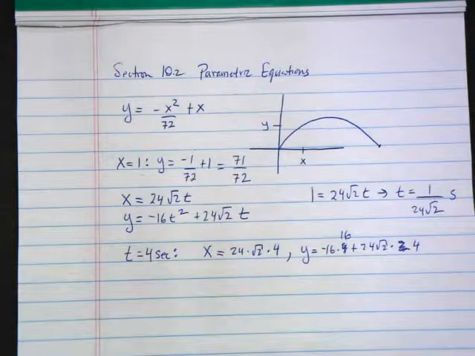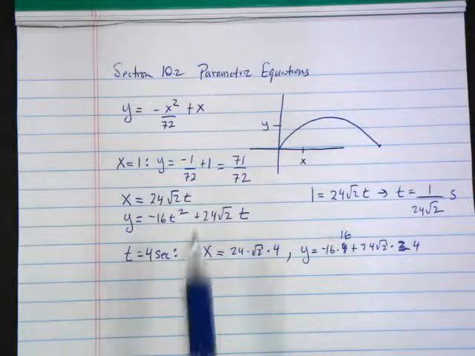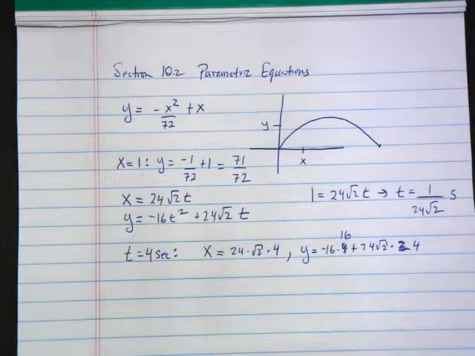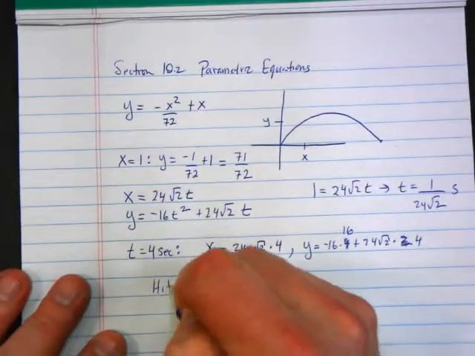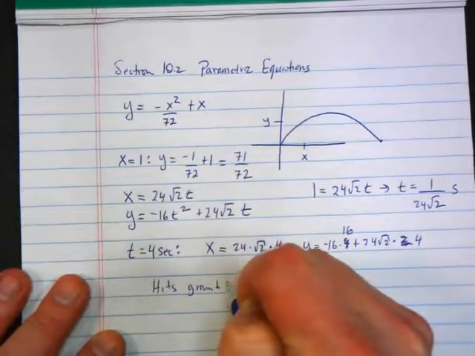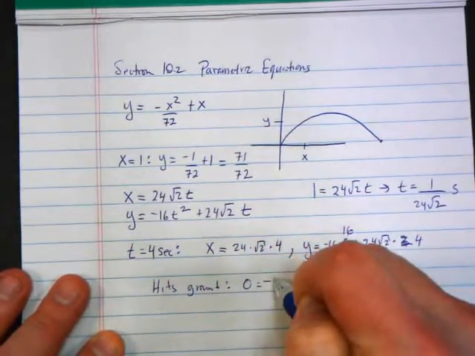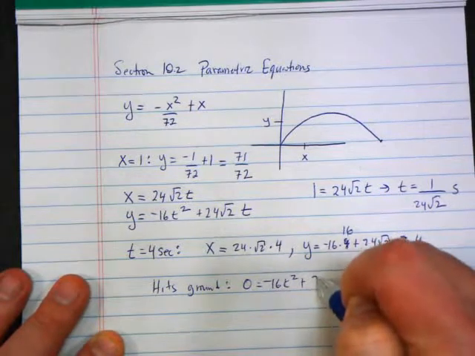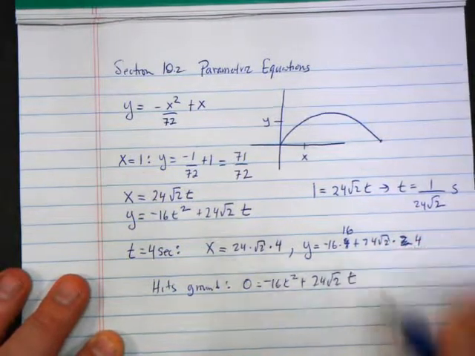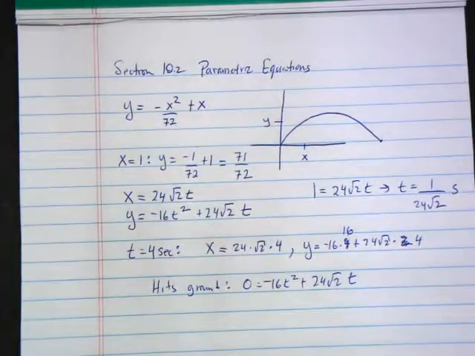Absolutely. How would I find when it's going to hit the ground? When y is 0. So 0 equals negative 16t squared plus 24 square root of 2 t, and I solve that equation. How would you solve that equation?